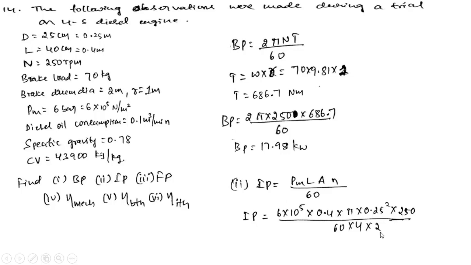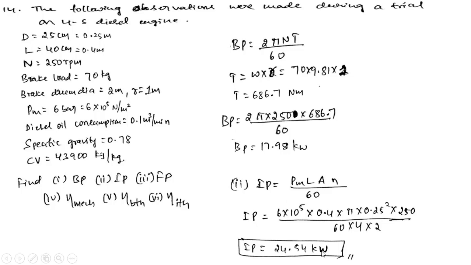It has to be divided by 2 because it's a 4-stroke engine, 250 divided by 2, and 60 in the denominator. Then you are going to get IP as 24.54 kilowatts. If you substitute this, you will get it in terms of watts, then divided by 1000, you will get 24.54 kilowatts.